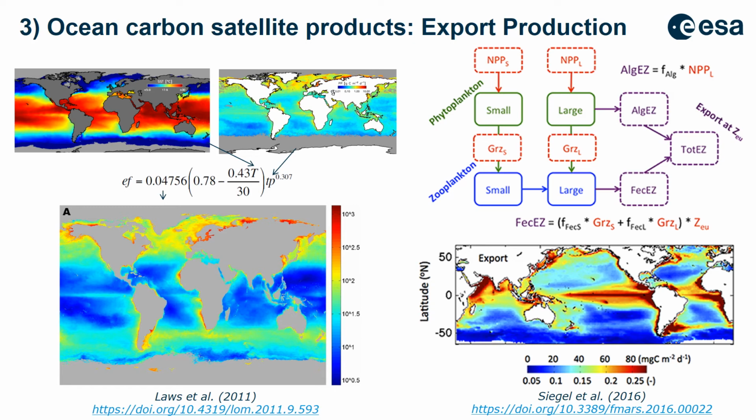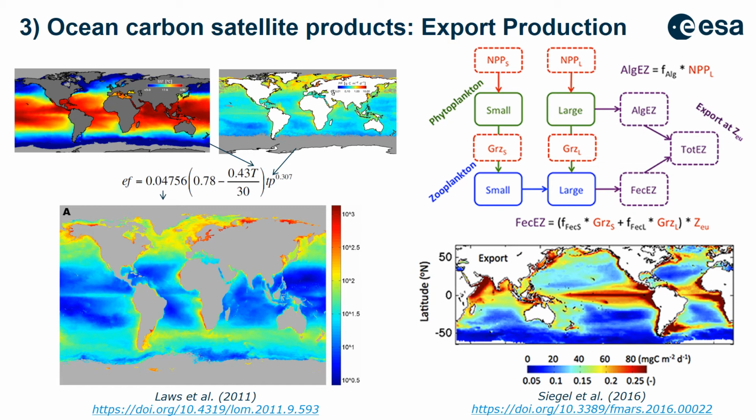They firstly map the export efficiency using this empirical equation at the top here, using two variables we can retrieve from satellite: temperature fields and total primary production, which I showed you in the previous slide. They then estimate the export efficiency. They multiply that by the primary production in order to estimate how much of the primary production has been exported to the interior ocean. And as I stated at the beginning, this is estimated at around 9 to 12 gigatons of carbon in the ocean.